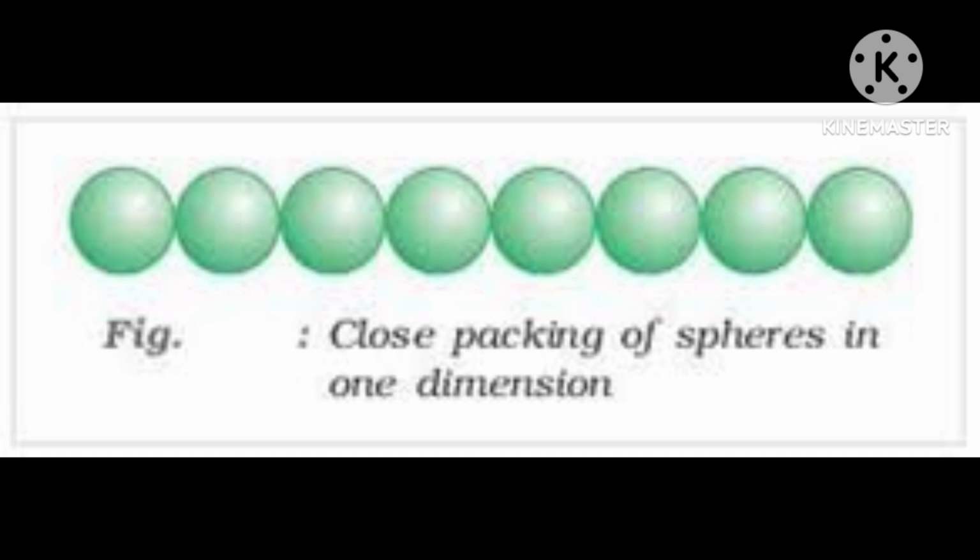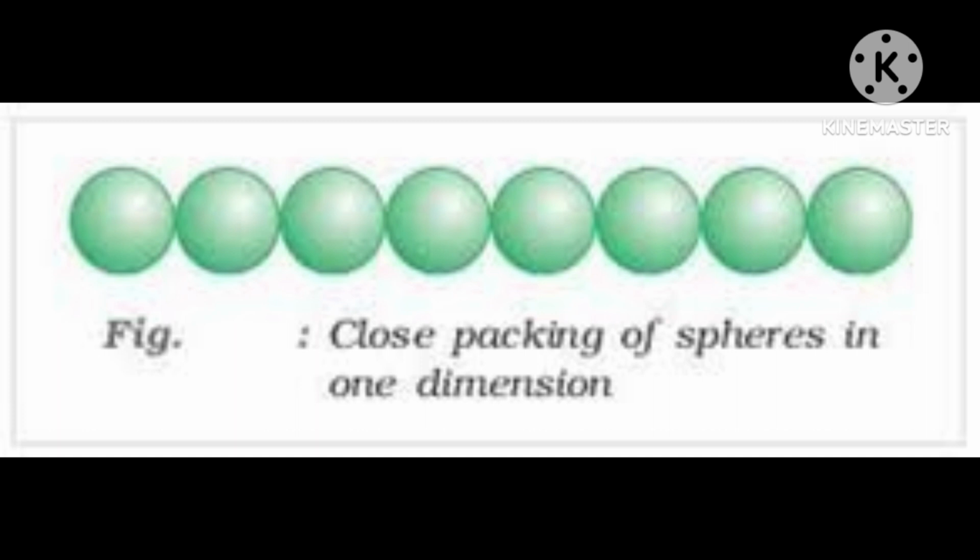Just like in school, children stand one by one in a row, but they keep a distance. Here you must not keep distance, they must touch each other, and that is the one way of arrangement. This is one dimension. In this arrangement, each sphere is in contact with two of its neighbors.